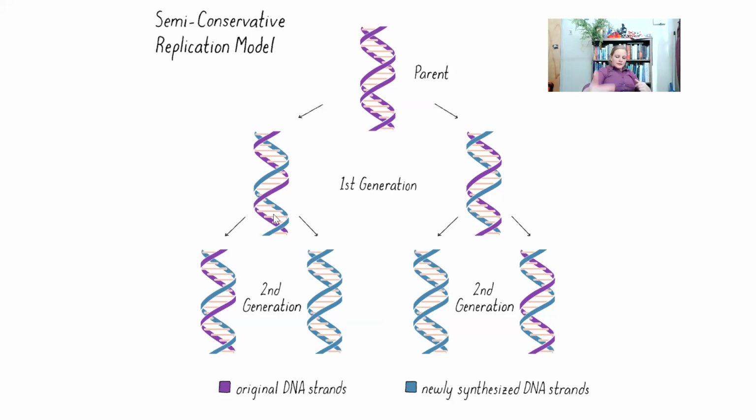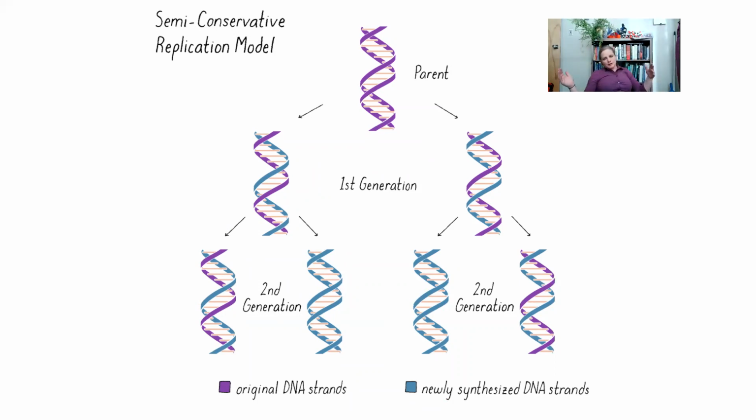In our second generation, we see that there's one strand that's still labeled with a heavy isotope that was way back in our parent. So we're seeing this decay, 50% of these strands has the heavy isotope. And then there's 1, 2, 3, 4, 5, 6, 7, 8 strands, and only 2 of those 8 have the heavy stuff. So we can see the decay.